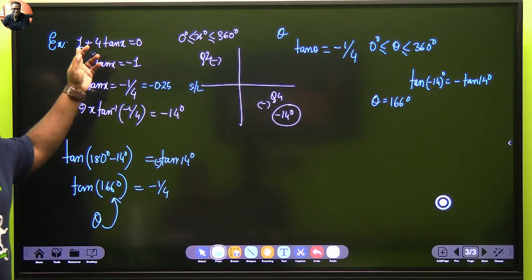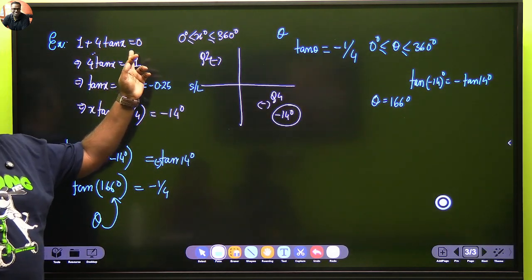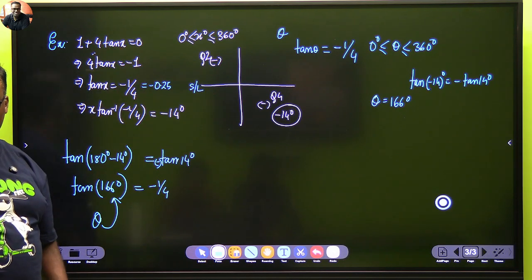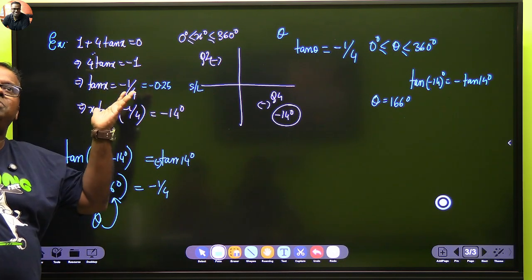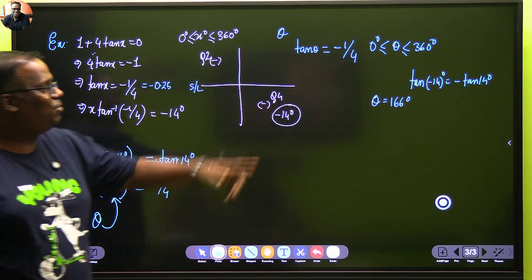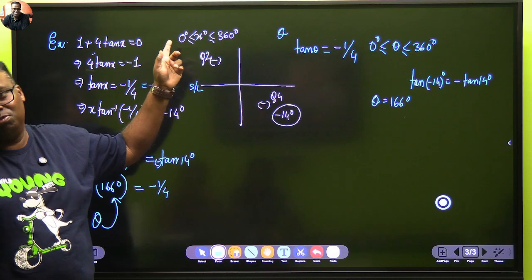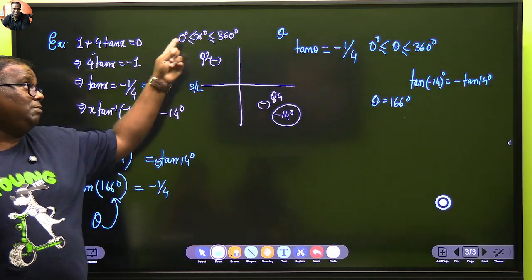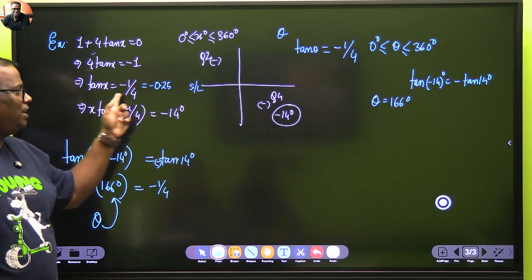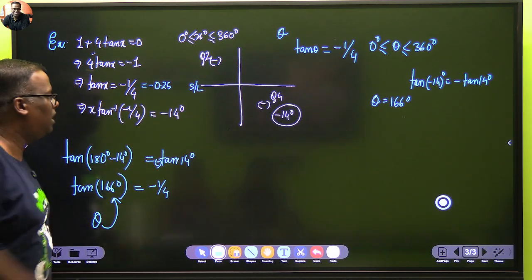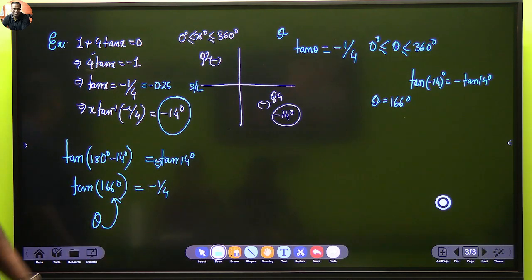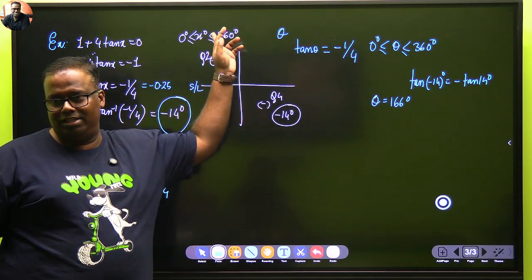We started with the problem of 1 plus 4 tan x is equal to 0. Our job is to calculate the value of x. Here I would just press inverse and I would get x, but they have caught you: don't just say any x in front of us, tell me that x which lies here. So our friend Kirtan went very fast. He calculated all these things, but landed up on -14 degree, and -14 doesn't fit this band.